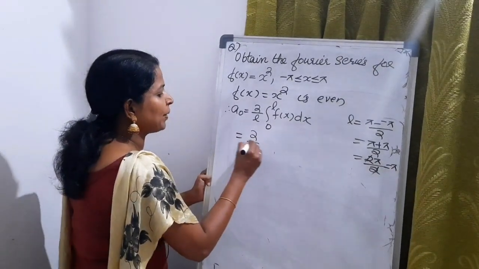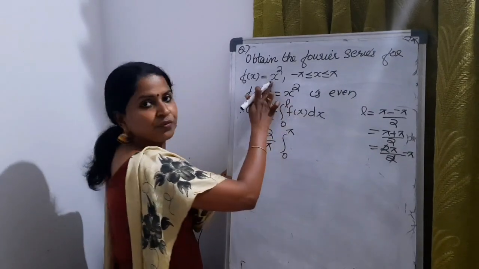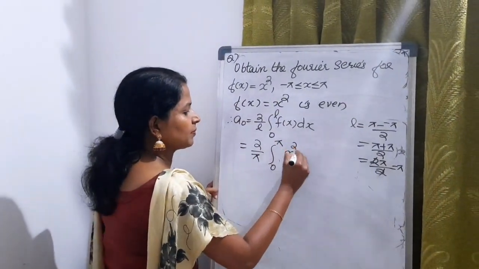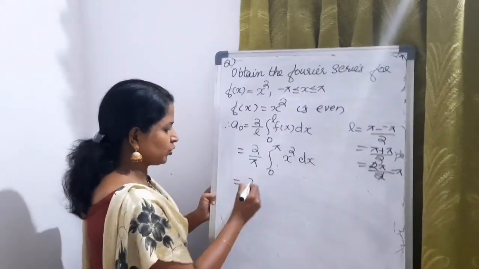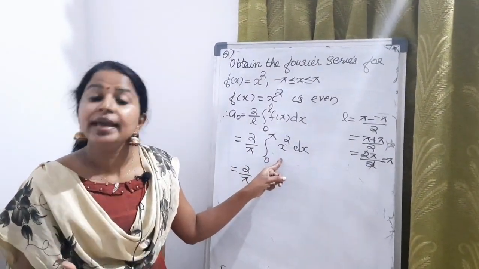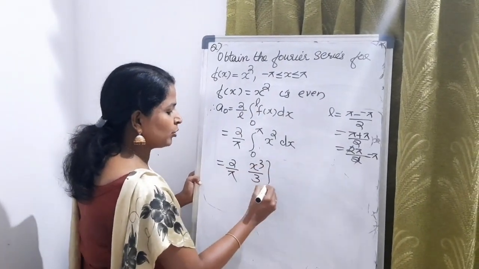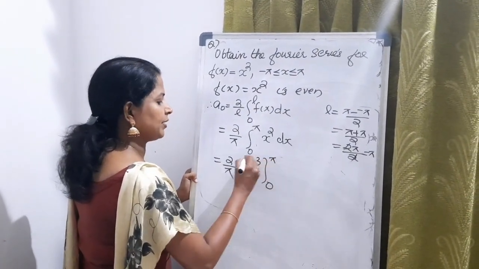So 2 by pi integral 0 to pi f of x dx. F of x is x square dx. That is equal to 2 by pi, integral x square dx. What is integral x square? X cube by 3. Put 0 to pi.